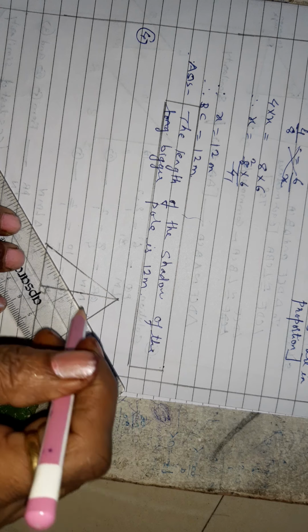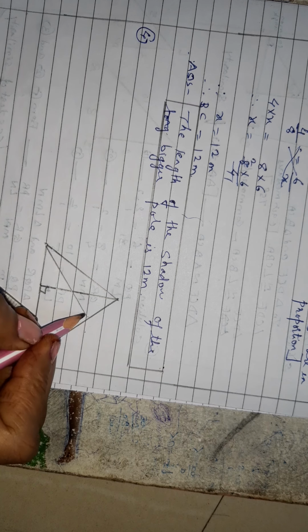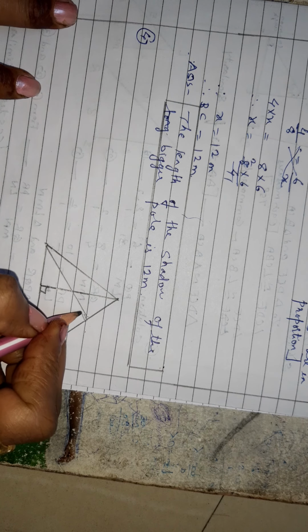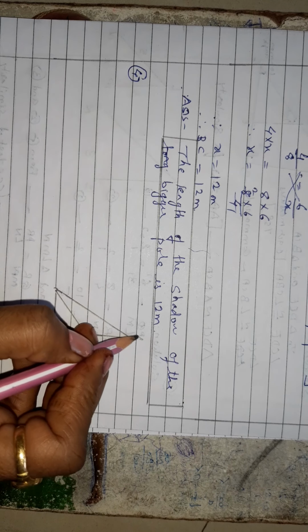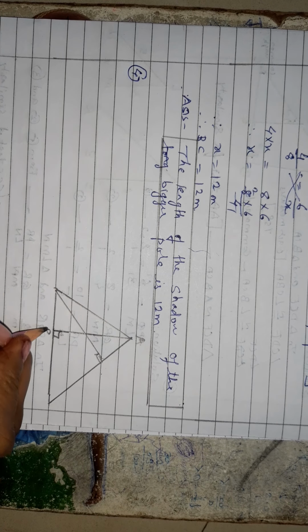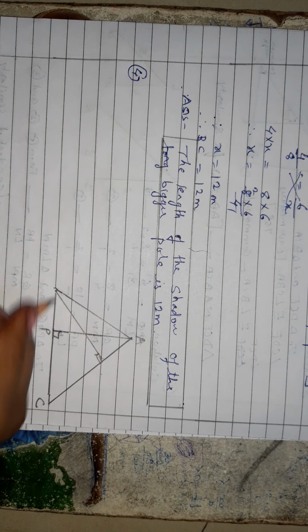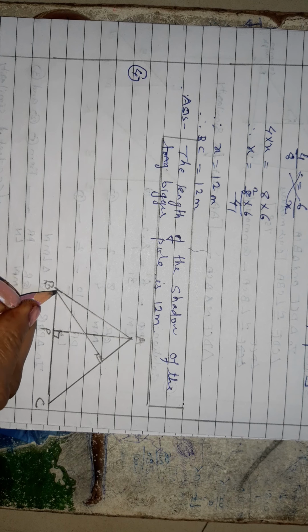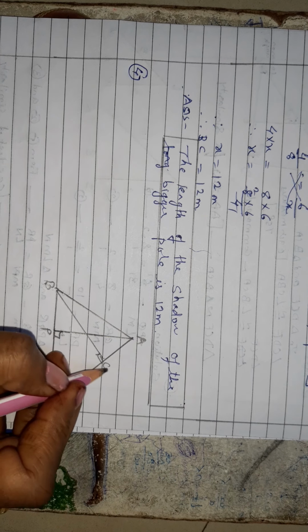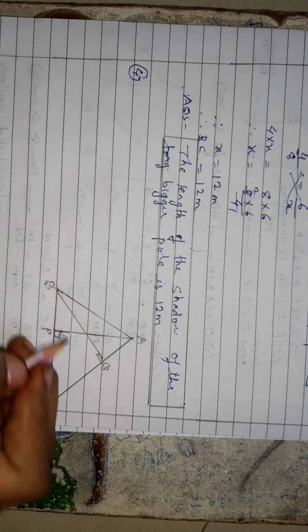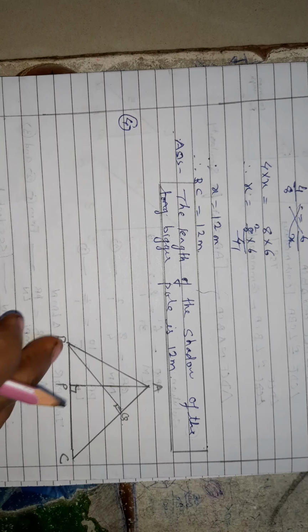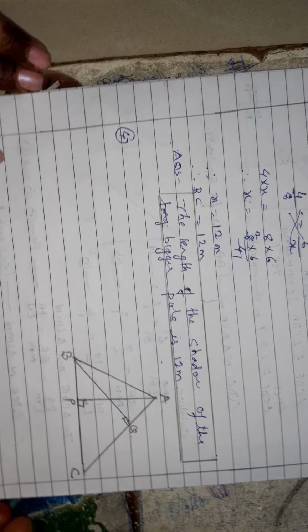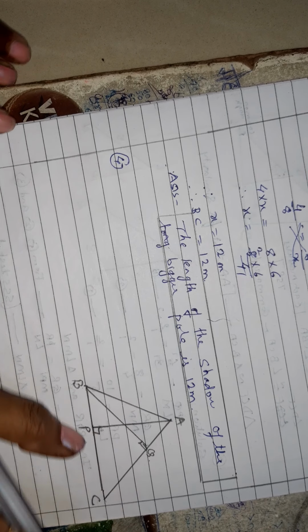From this vertex, this is the height. So this is triangle APC and triangle APB. This will be AQC and BQA.